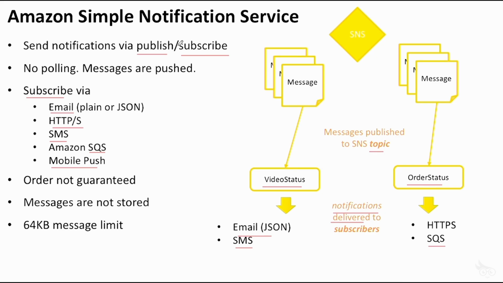Now, with the Simple Notification Service, it's important to know that the order is not guaranteed, very much like the Simple Queue Service, and messages are not stored. As soon as a message goes into a topic and is delivered out to its subscription endpoints, it is no longer stored. It's also important to understand that we do have a 64K message limit.